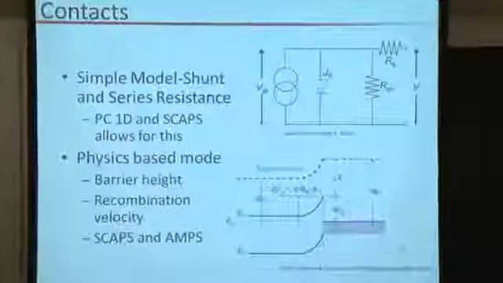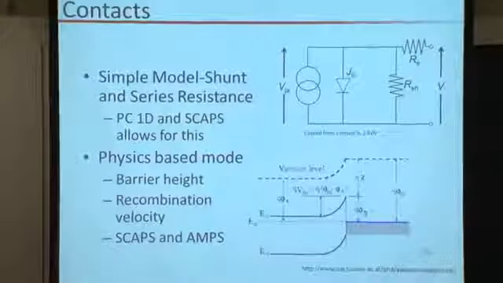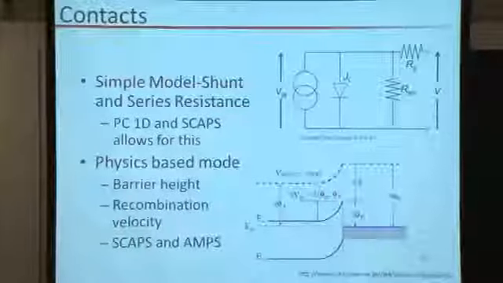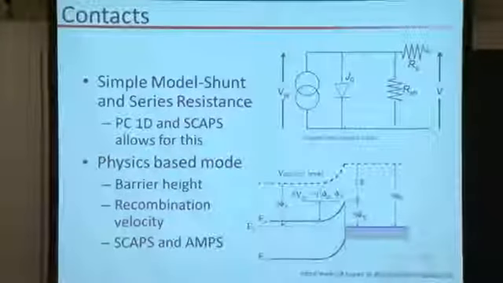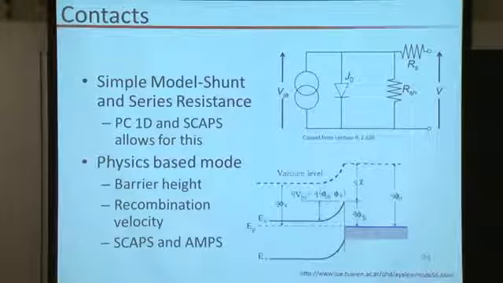The second key component for solar cells is your contacts. For PC1D, you can only feed it shunt resistances and series resistances, which is nice in that it's convenient, but if you don't know them or can't measure them because you don't have the cells, then that's a hindering factor.